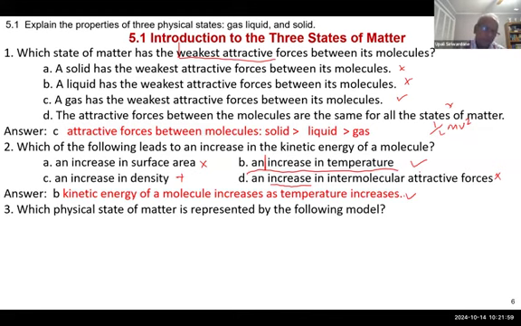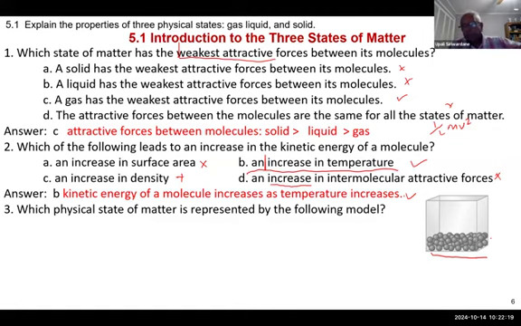Let's look at the next question. Which of the physical states is represented by the model given here? This is condensed space. This is not a gas. It looked like a solid or liquid, but solid has more orderly arrangement.